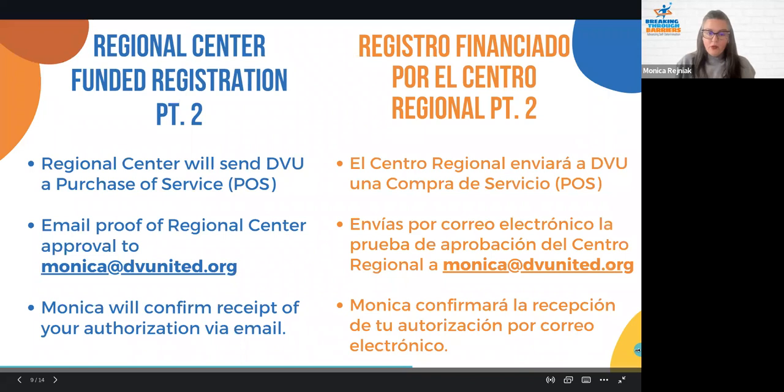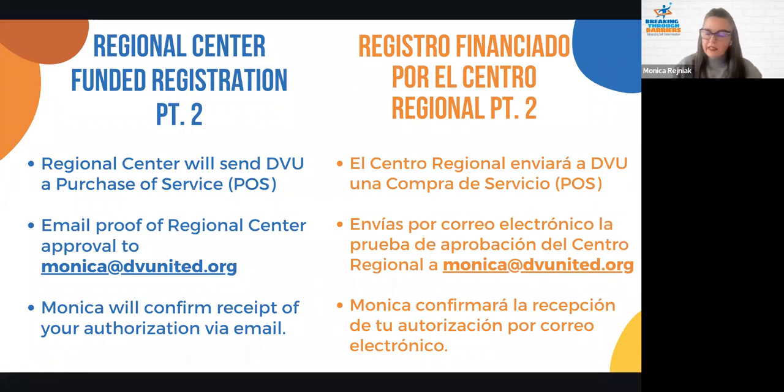From there, once you've contacted your service coordinator, that's just like any other service you're requesting, then they will complete a purchase of service. It's my understanding that all regional centers fund up to a certain amount of money for conferences annually, and our conference being at $75 early bird or $100 falls well within your couple hundred dollar limit.